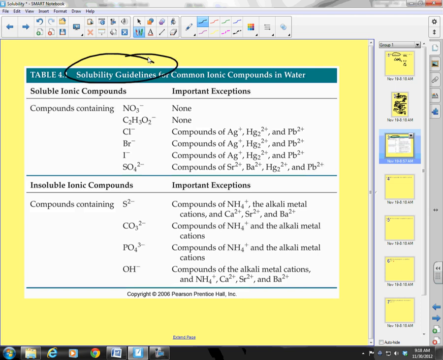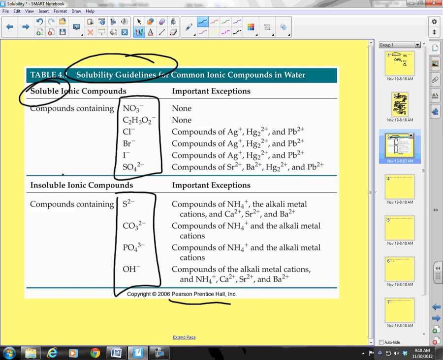This is qualitative, not quantitative, and it's thanks to our friends at Pearson Prentice Hall. What does this tell us? We have a group of ions that are soluble in general. Then I have a group of ions that are in general insoluble, and then I have some exceptions.